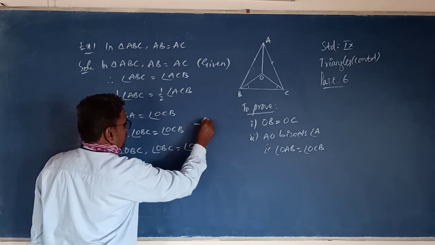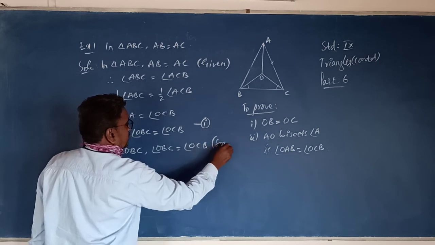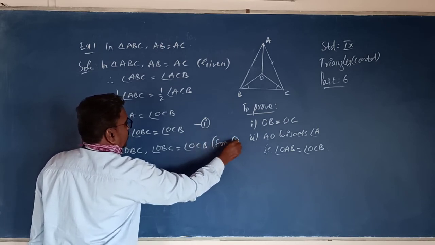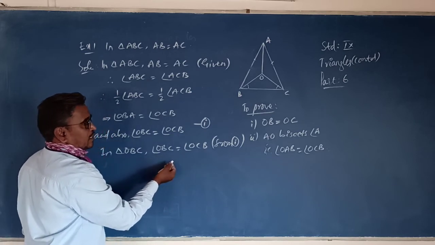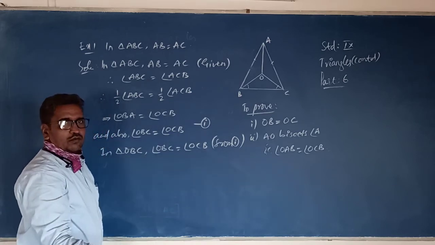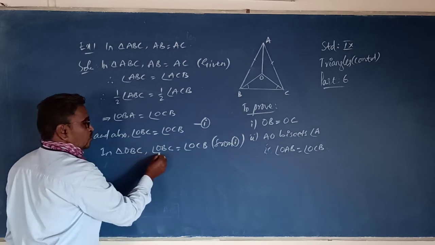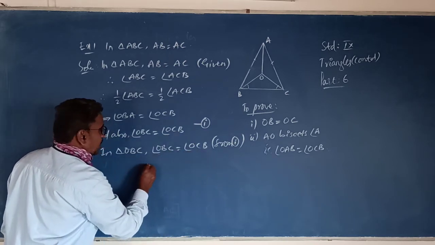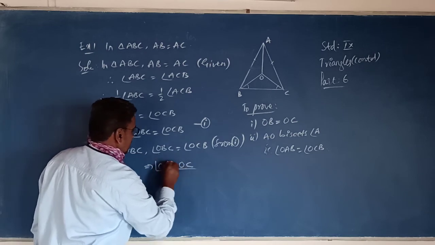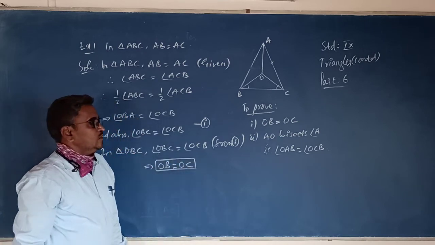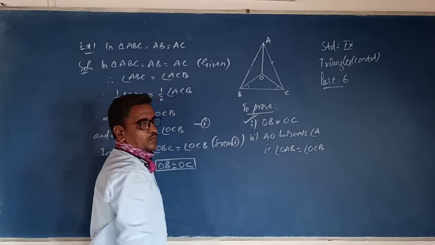This is from 1, we have proved. Therefore, the converse theorem tells that sides opposite to equal angles of a triangle are equal. So angle OBC equals angle OCB implies OB equals OC. First one is OB equals OC.